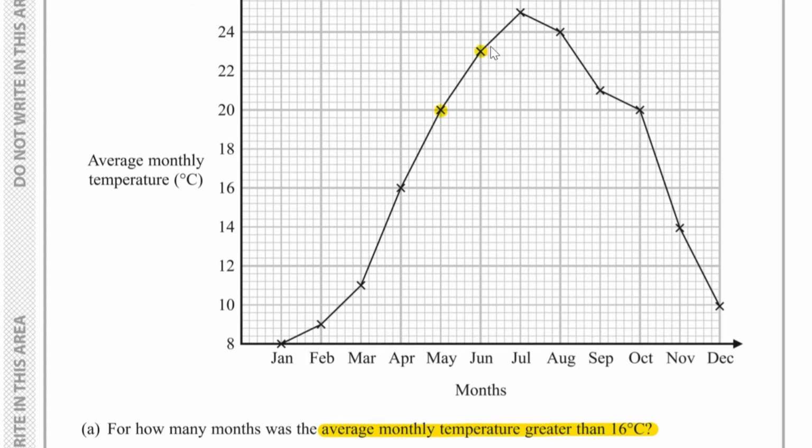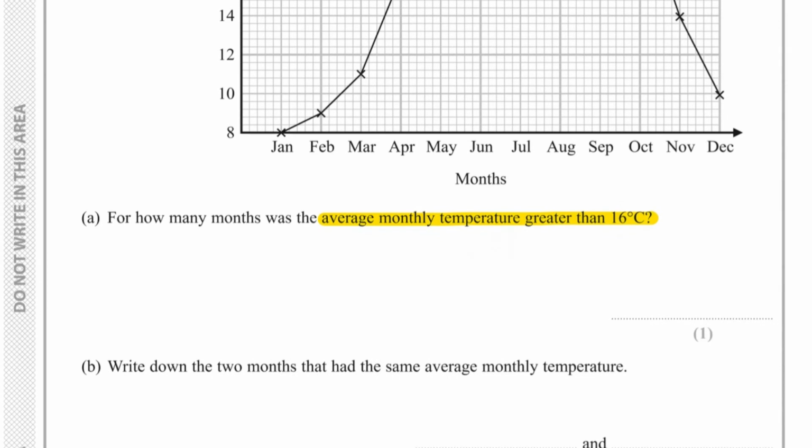We've got this, and this. We've got 1, 2, 3, 4, 5, 6. So we have 6 months in which the average monthly temperature is greater than 16 degrees C.